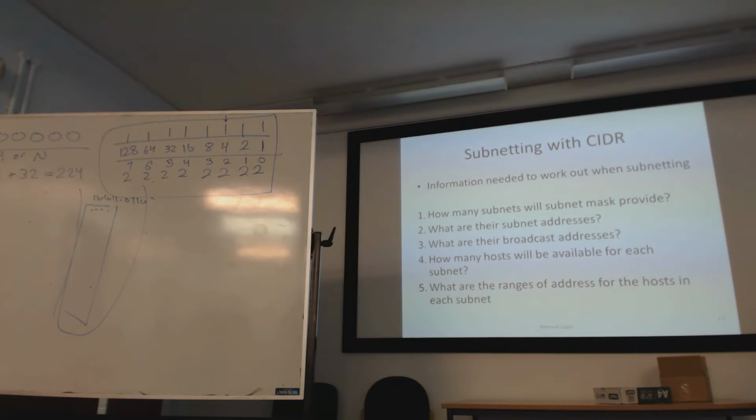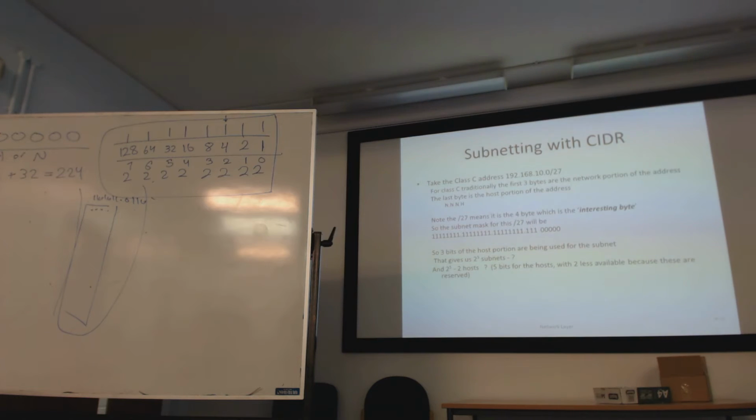You need to know that as well. And what are the ranges of addresses for the hosts in each subnet? It sounds like so many questions, but there are 3 simple steps to find the information. So let's look at this IP address masked by a CIDR. Okay?